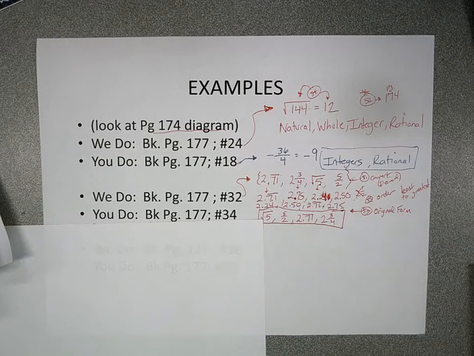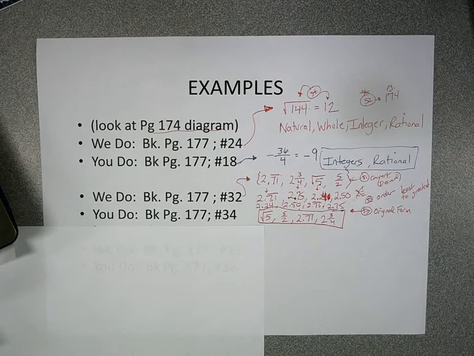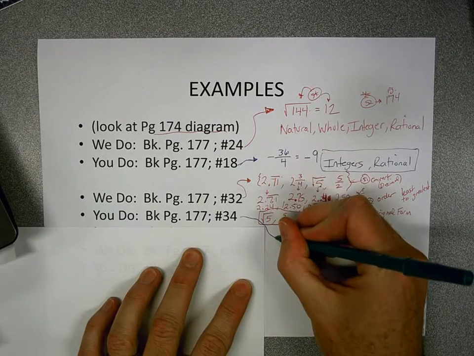I got negative 3.4, negative 3.3, negative square root of 10, then negative 15 over 6. All right, so number 34.